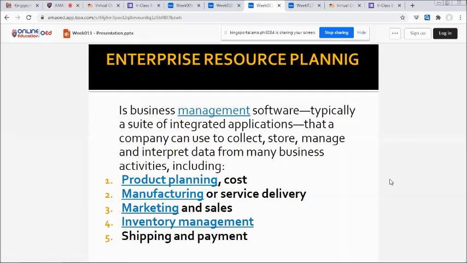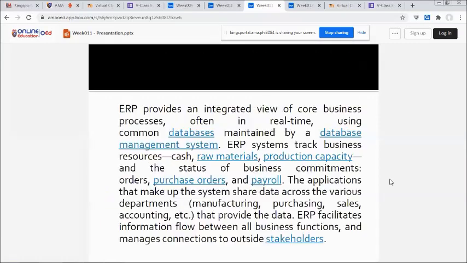So the ERP systems are designed to break down the information silos of an organization. These silos did not communicate well with one another. This lack of communication and integration made the organization less efficient.